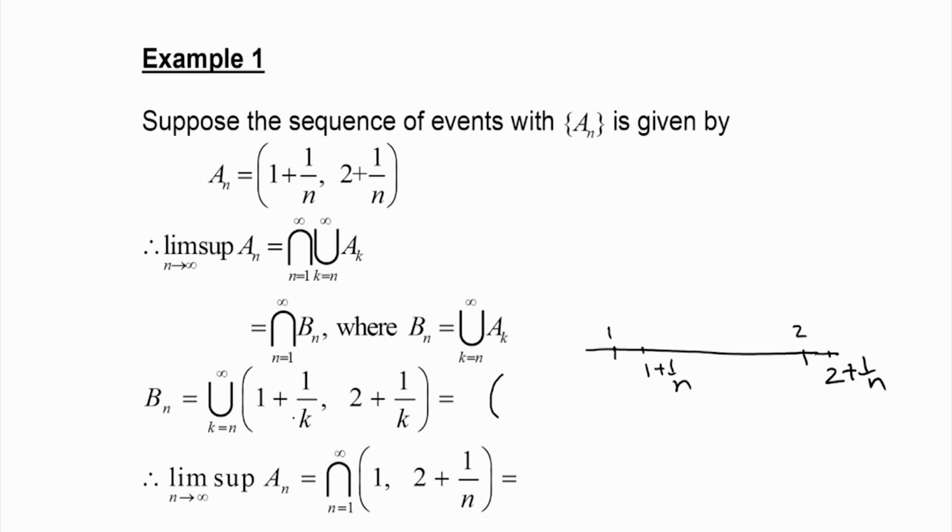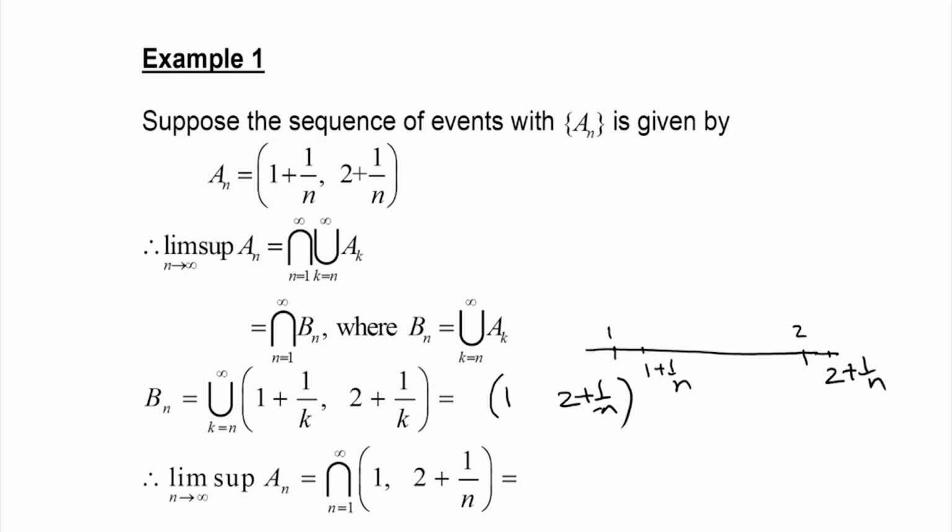Suppose as n tends to infinity, that interval will be increasing. So, we will have 1 and 2 plus 1 by n as the limit open interval. Now we have to take the intersection of this sequence of events. So, if I take the intersection, it is 1 and then 2 plus 1 by n.